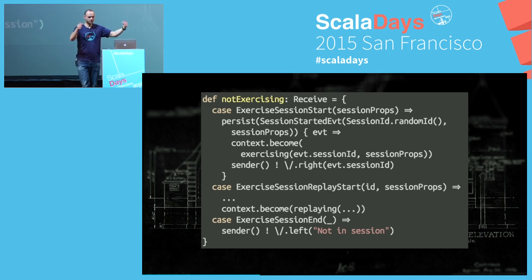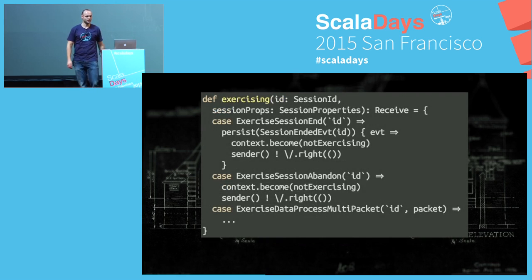So, when I'm not exercising, someone sends me an exercise session start, I persist an event and switch behavior, context become exercising, and reply to the sender with a value on the right representing the session ID. As one final example, if I'm not exercising and the client sends me an exercise session end, well, it doesn't make sense. And so I handle it by replying with a value on the left that says, not in a session. Well, what are you telling me?